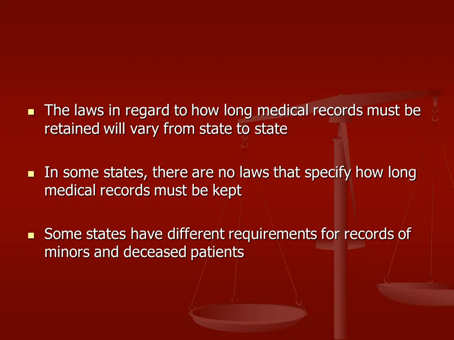Now, there are some states that'll have different record retention requirements for records of minors and deceased patients. Sometimes with deceased patients, we can get rid of those records sooner because they're not going to be needed for continuity of care or for different uses. Maybe if it's at a research facility, they may use them longer. Many times there will be exceptions to the law for minors, and it will say, as I mentioned a minute ago, till they become adults.